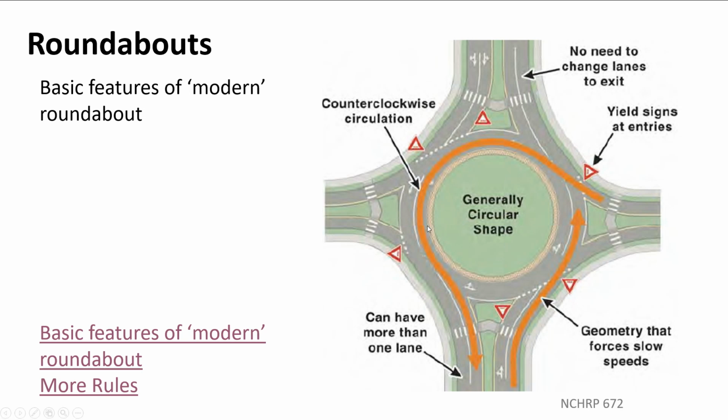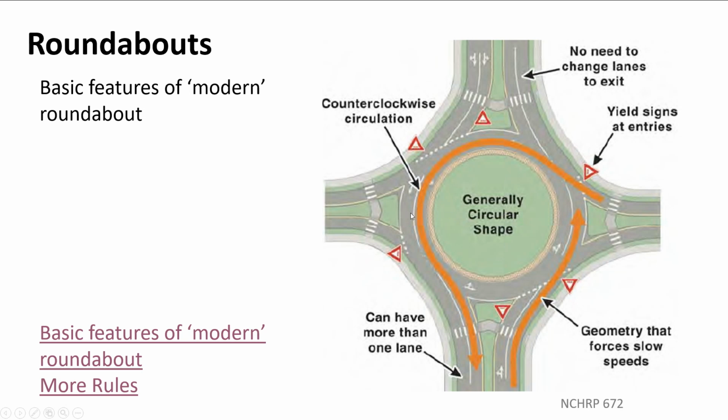Some of the things to look for in these modern roundabouts: the basic way we describe a roundabout is the inscribed circle diameter. This is the circulatory roadway, and the distance is measured from the outside edge of the travel lane to the far side outside edge. That's a quick way to gauge how big your roundabout is.